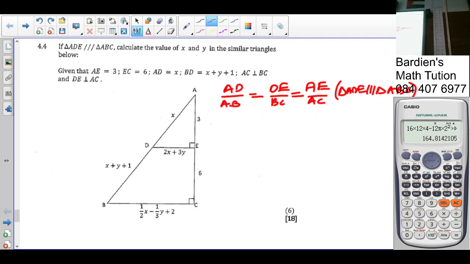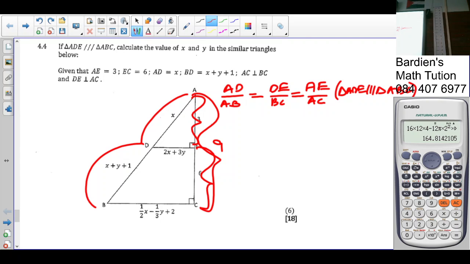Given that AE is 3, this length is 3, EC is 6, so the whole length here of AC is 9, not so? AD is x, DB is x plus y plus 1, so what is the length of AB? Remember we need the length of AB. What's the length of AB? 2x plus y plus 1. Not so?